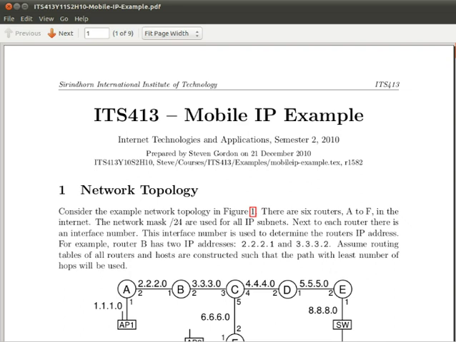I won't write down the IP addresses, you have them in front of you, but we have a set of routers, A, B, C, D, E, F, a correspondent node. This is attached via some Ethernet switch to a router, E, and we're going to have a mobile node that's going to move between two subnets. These are two wireless LAN access points. So this is one subnet.